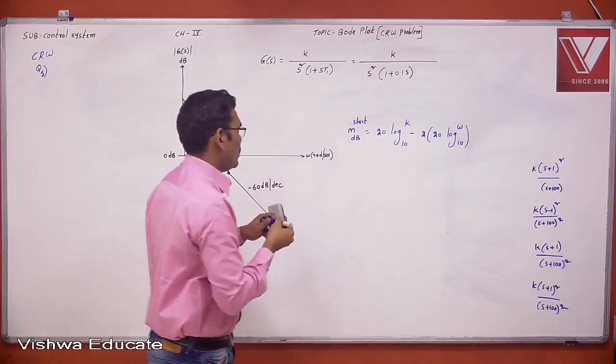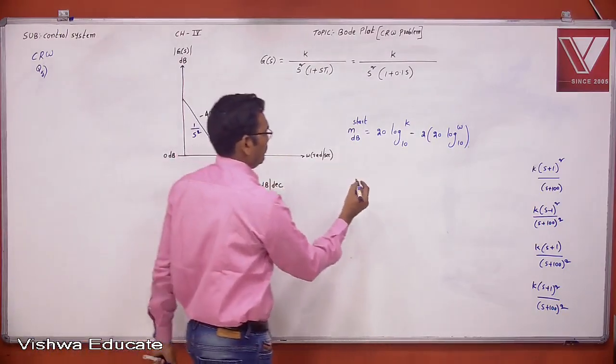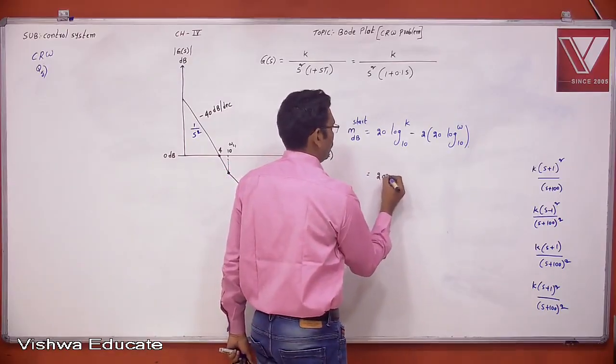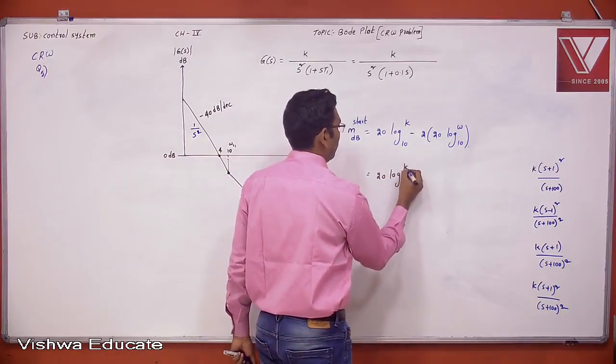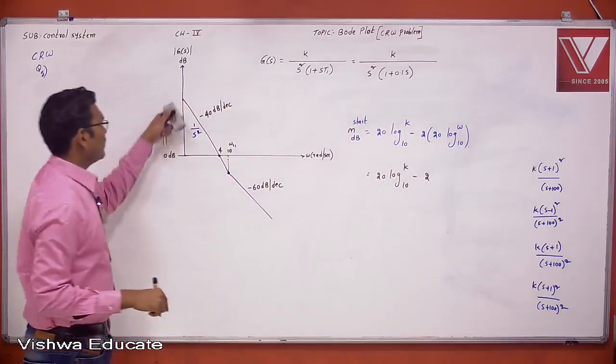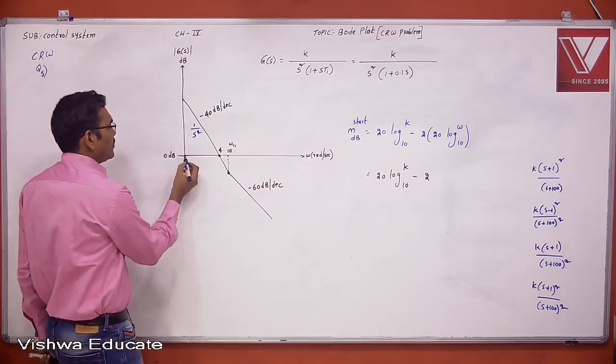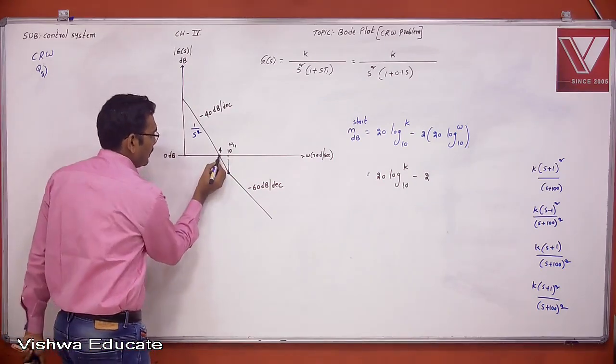Therefore, the starting magnitude in terms of dB is this. He has not given the starting magnitude here. I don't know the starting magnitude, but I know at this particular frequency I can utilize this.